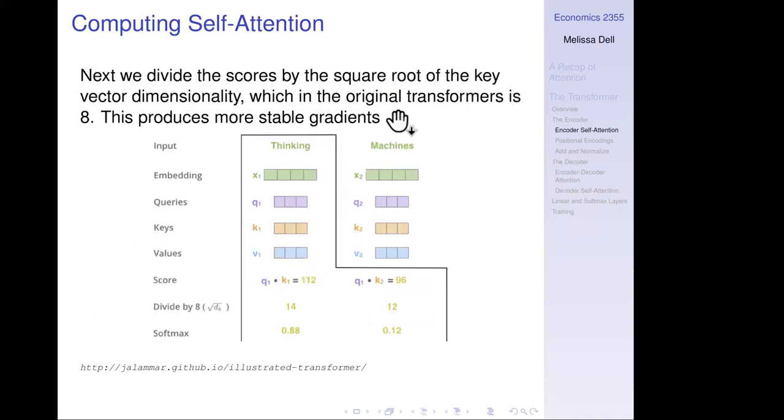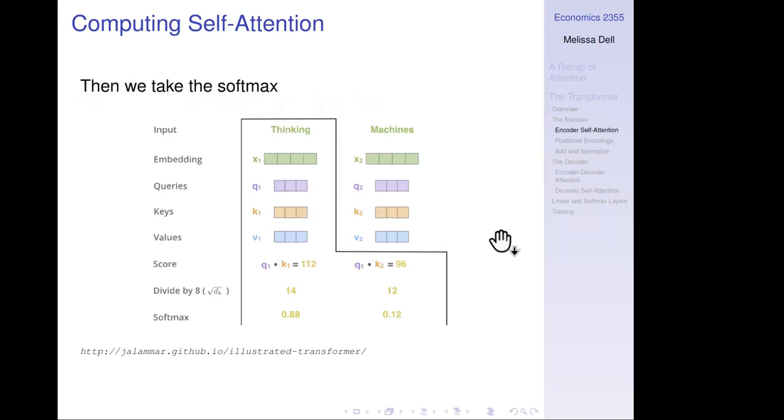Next, we divide the score by the square root of the key vector dimensionality. In the transformer paper, the key vector dimensionality is 64, the square root of 64 is 8, so we divide by 8. This is just a technical detail that helps give us more stable gradients.